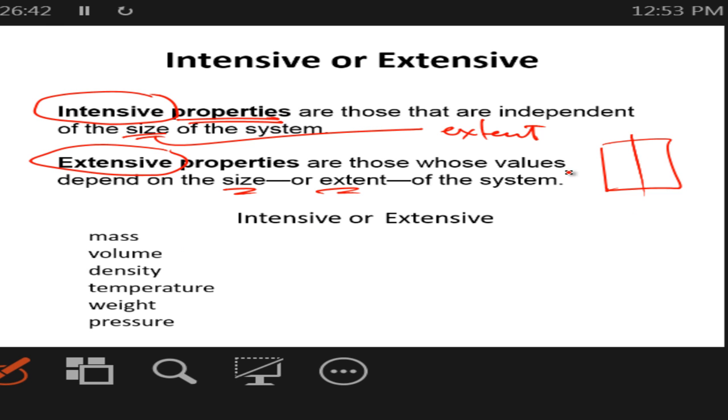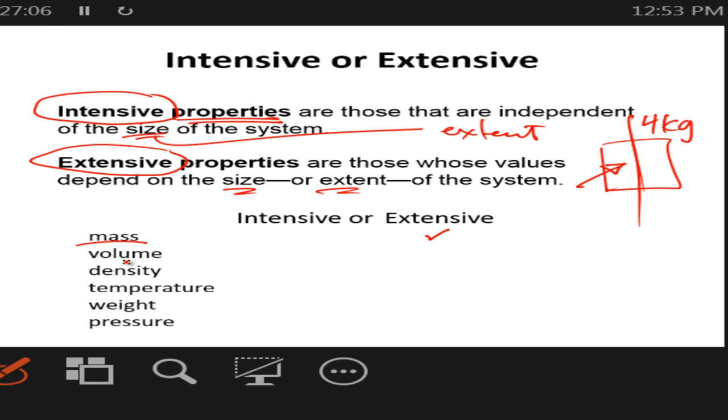So if I have a system and I think, is mass extensive or intensive? Think about a 4 kilogram system. I cut it perfectly in half. I now ask the question, what is the property mass for the left half of the system? What do you say? 2 kilograms, true? It's 2 kilograms, hence it's extensive.